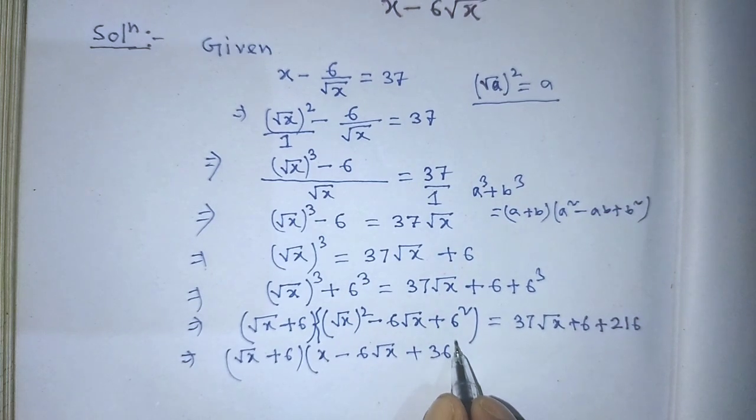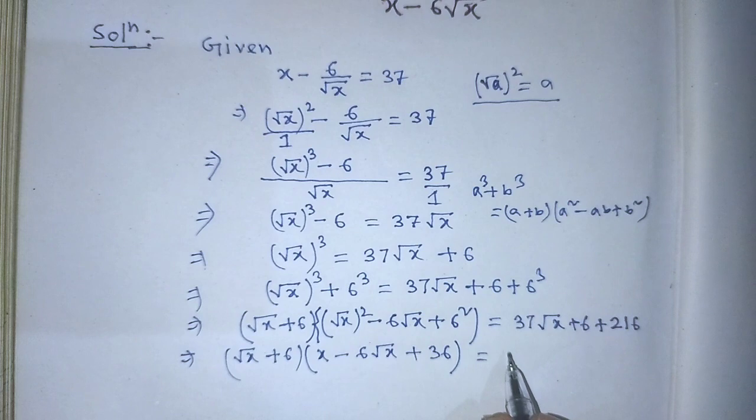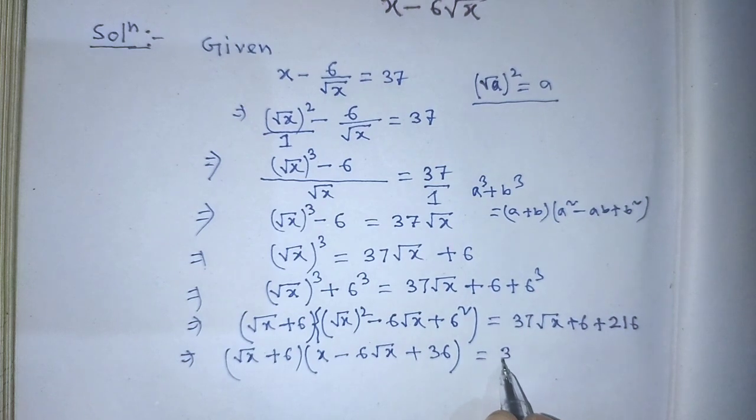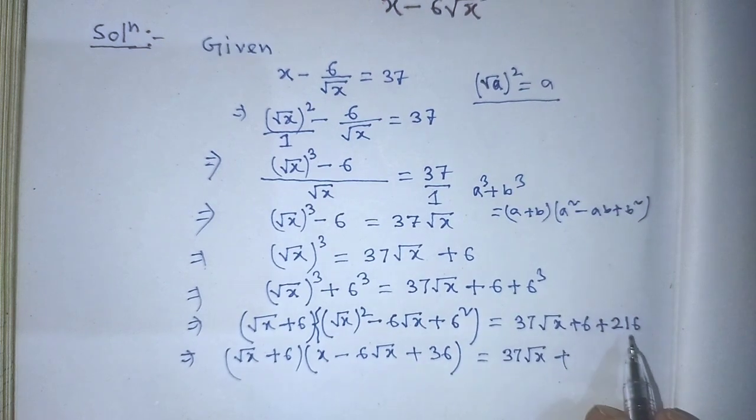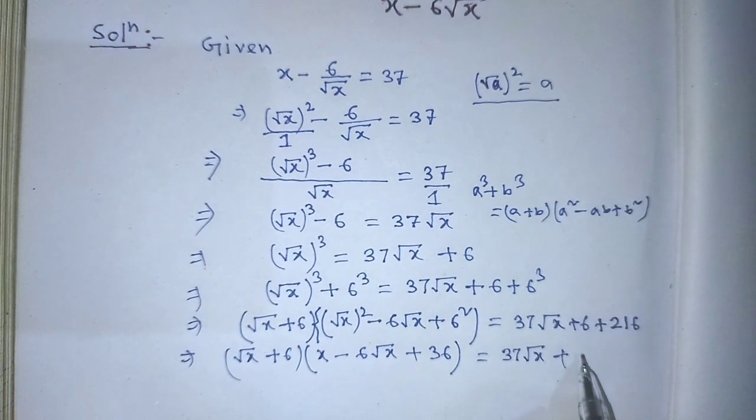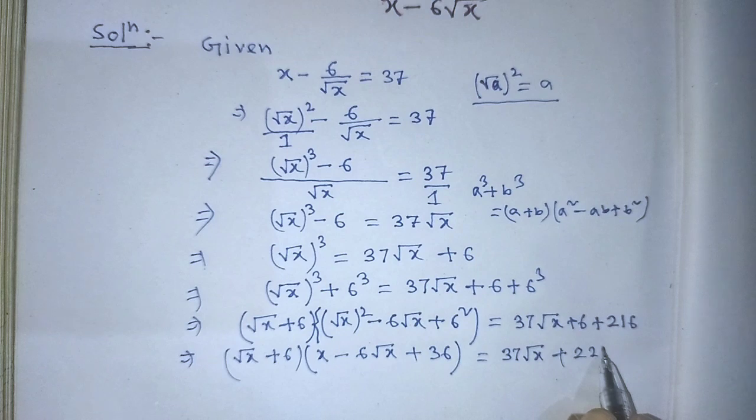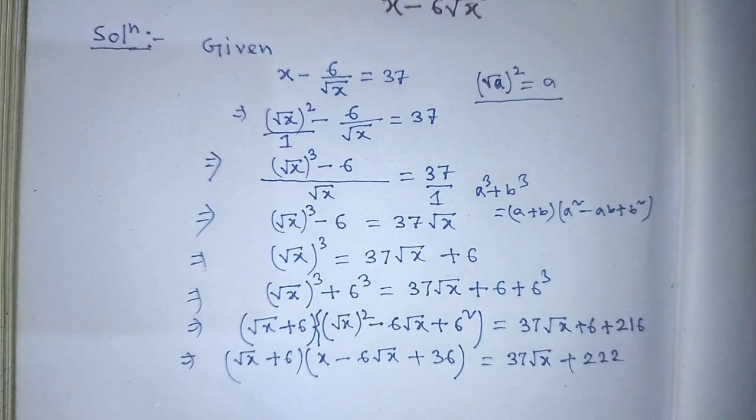So we have to write in here 36 is equal to, my dear student, on the right hand side we have to write 37 root x plus, if you add 216 plus 6, then you get 222. Okay student.